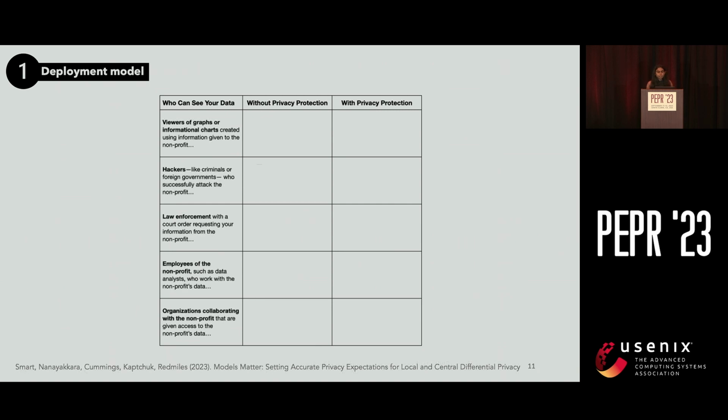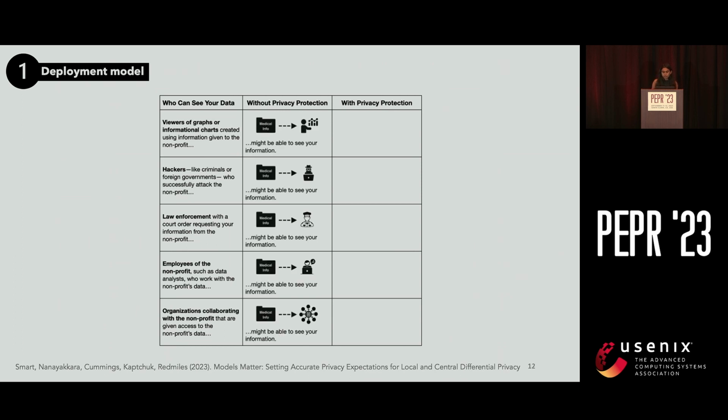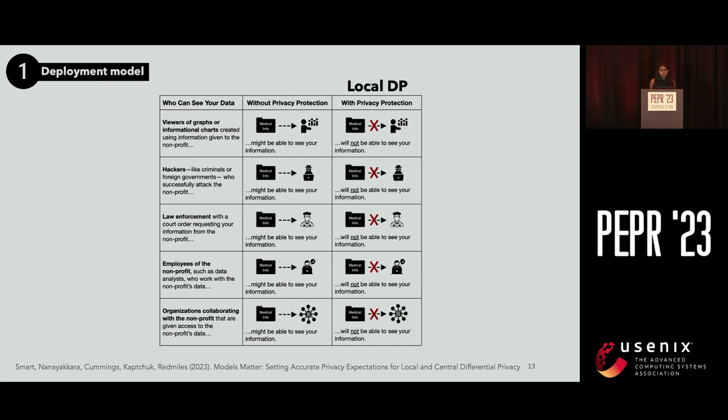We choose to show these potential recipients that prior work finds people care about. So for example, hackers, employees of the organization curating data, and viewers of graphs of the collected data. The second column shows that without DP, all of these parties may be able to see the raw information. And last, the third column shows which flows are restricted under DP.